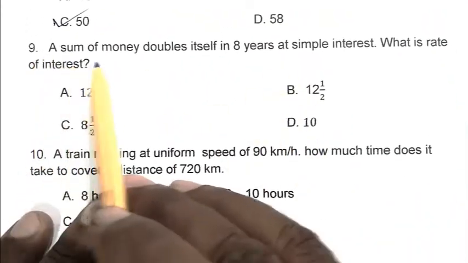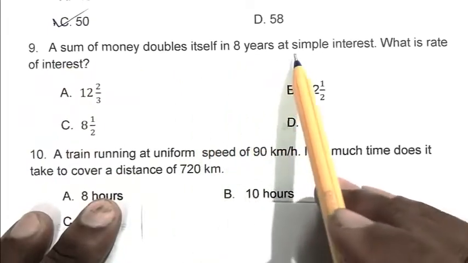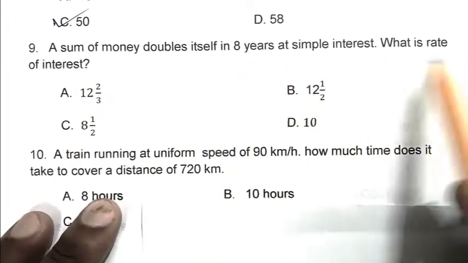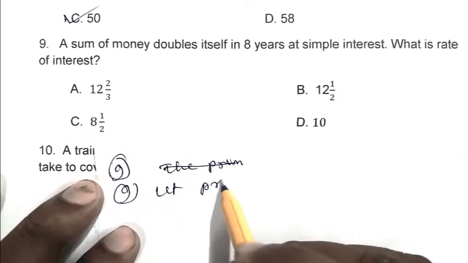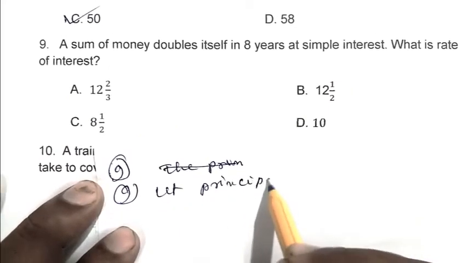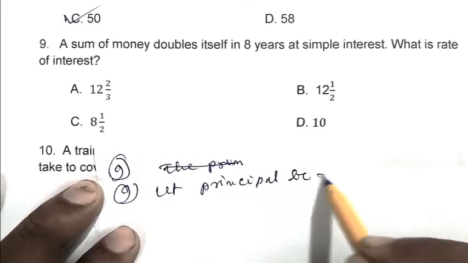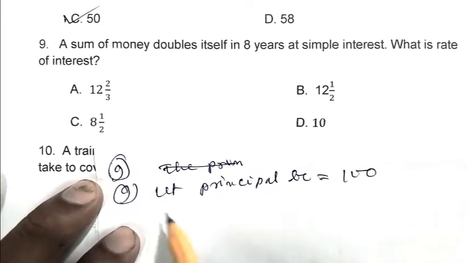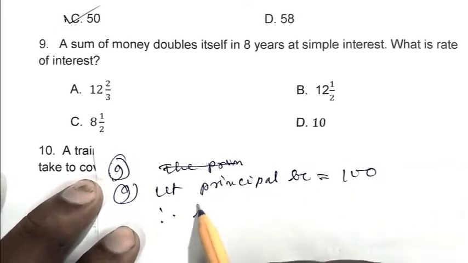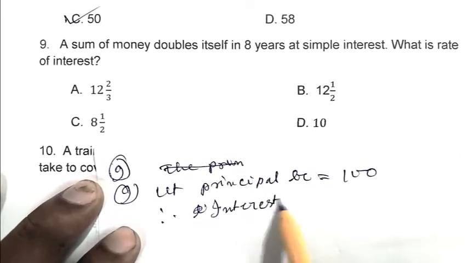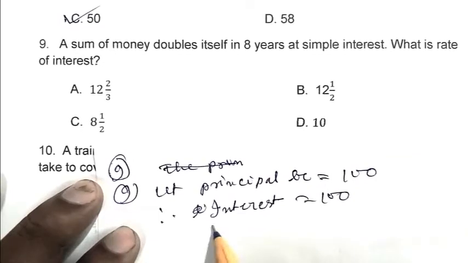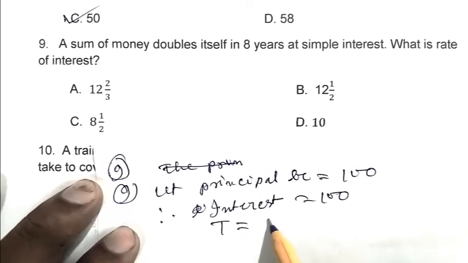Question number 9. A sum of money doubles itself in 8 years at simple interest. What is the rate of interest? Let principal be 100, then interest is 100, time is 8 years.